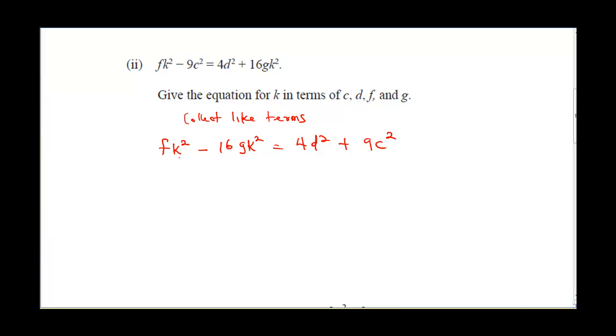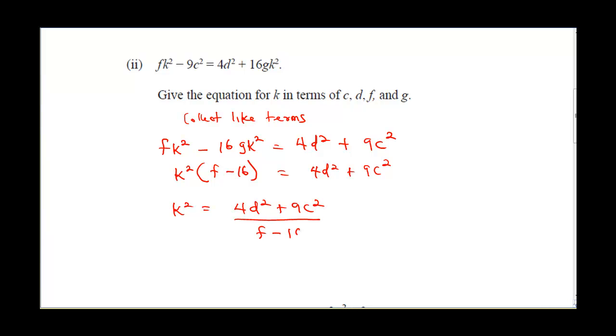Now, notice K squared is common here. So we're going to factorize K squared out, and you have your F minus 16. Notice when you expand this bracket, you're going to get back this equation. So this is equal to 4D squared plus 9C squared. So from here, K squared is going to be 4D squared plus 9C squared all over F minus 16.